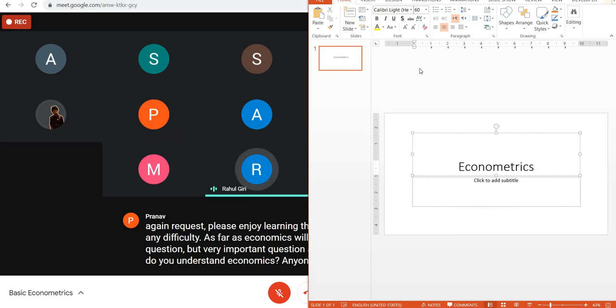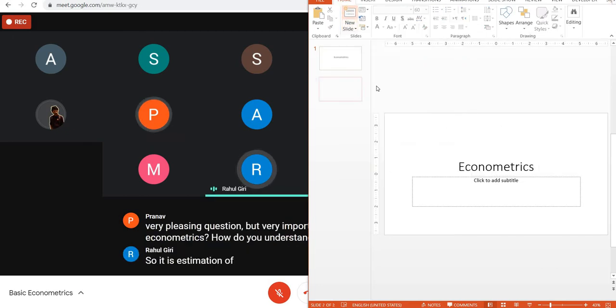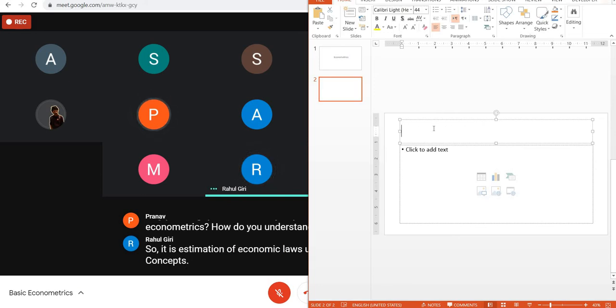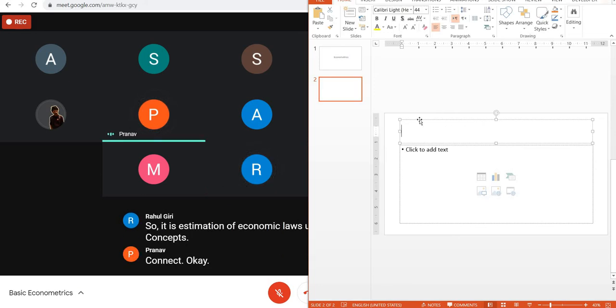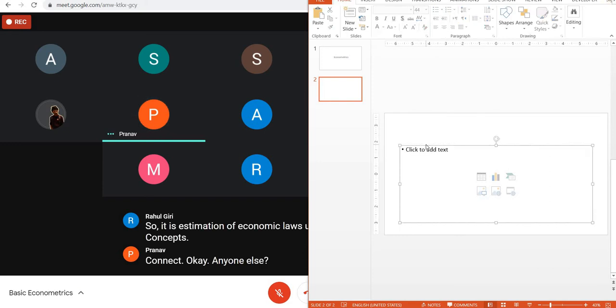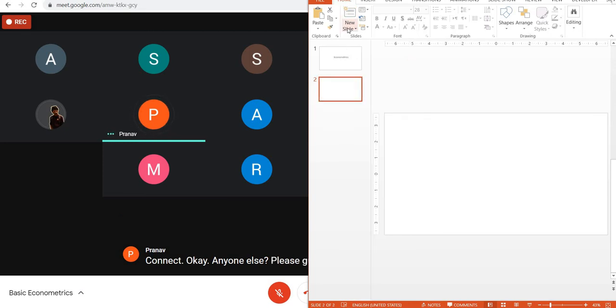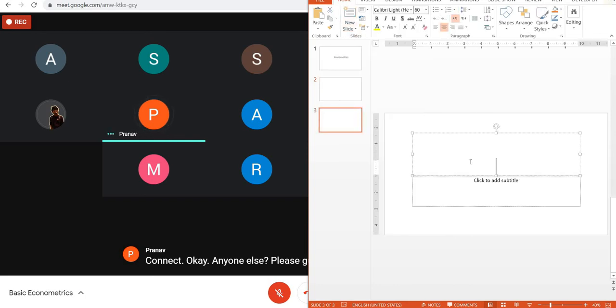Sir, it is estimation of economic laws using statistical and mathematical concepts. Mm-hmm. Correct. Okay. Anyone else? Please, guys, please speak up. जो भी आता है वो बोलो आप.